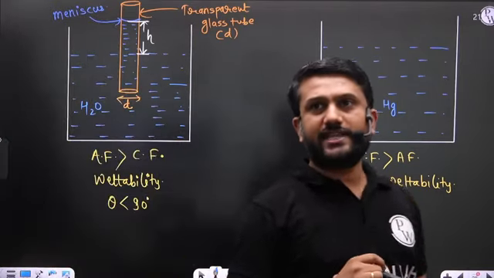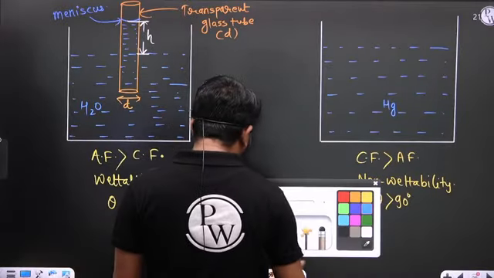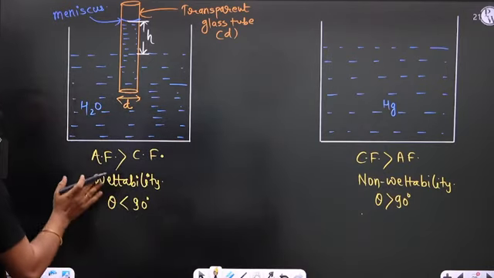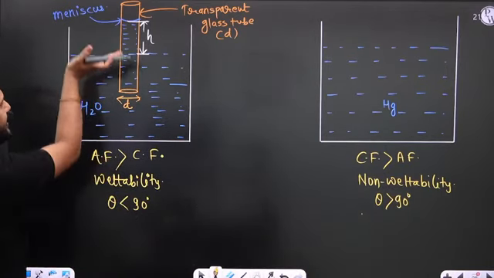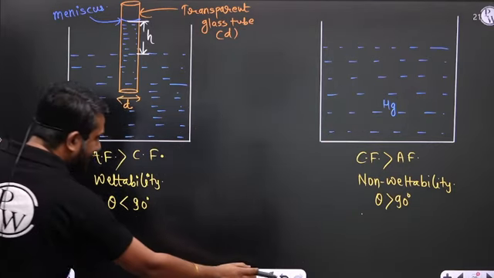If you exaggerate this meniscus of a liquid having wettability property that rises in a tube, the meniscus is like this.